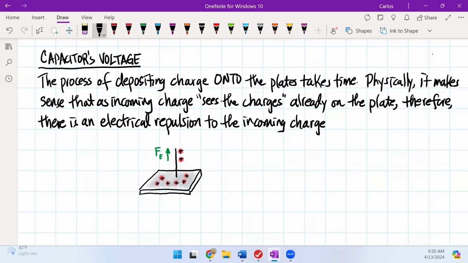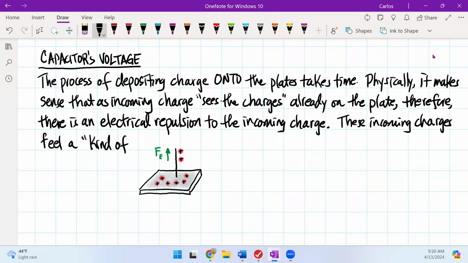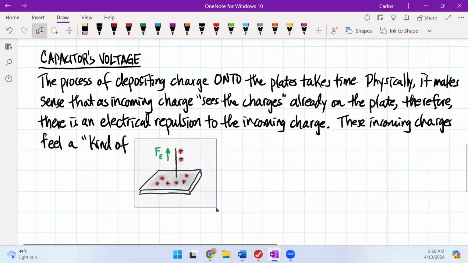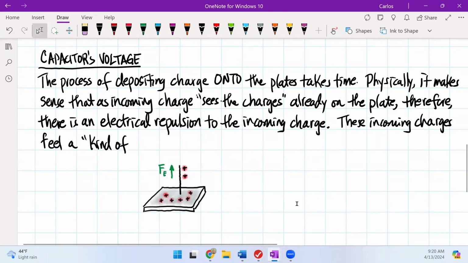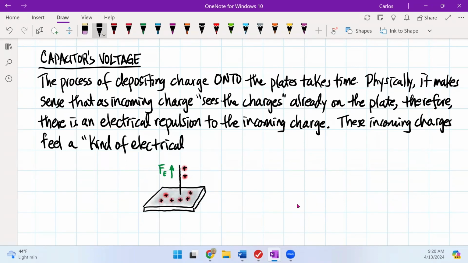So because of this, these incoming charges feel a kind of, let me move this down, kind of electrical repulsion.